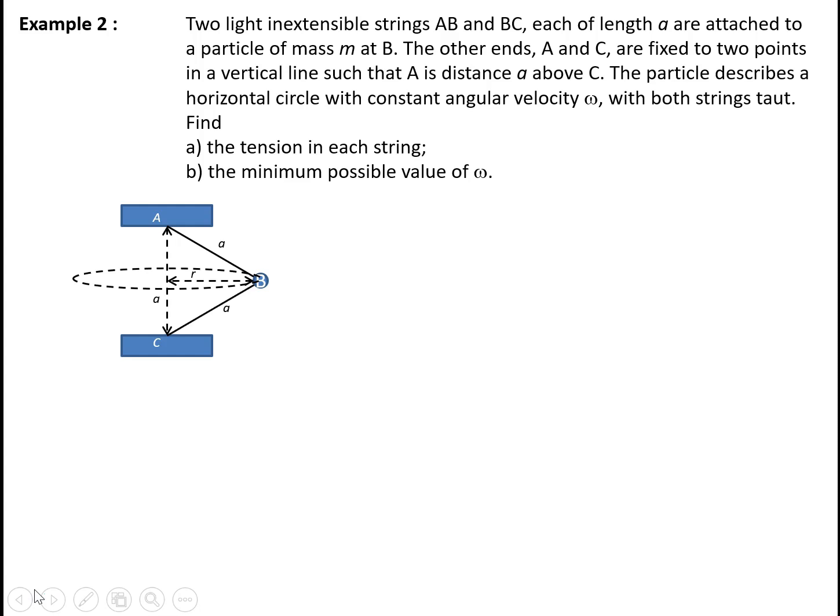Now, our first observation should be that we have an equilateral triangle ABC, which means that each of the three angles is 60 degrees.